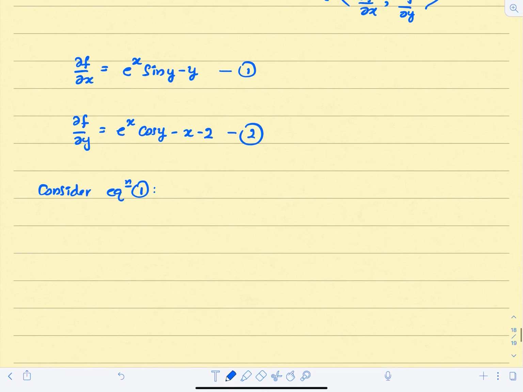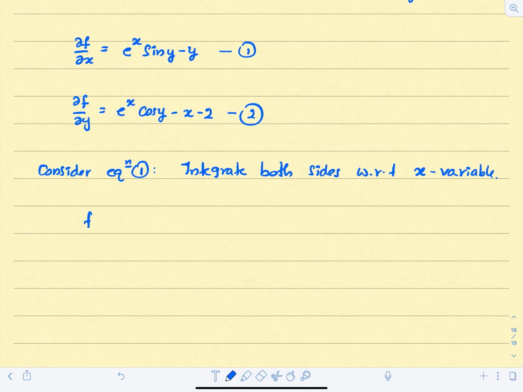Now let's integrate both sides with respect to the x variable. If you do that, you will get f(x, y) equals the integral of (e^x sin y − y) dx.